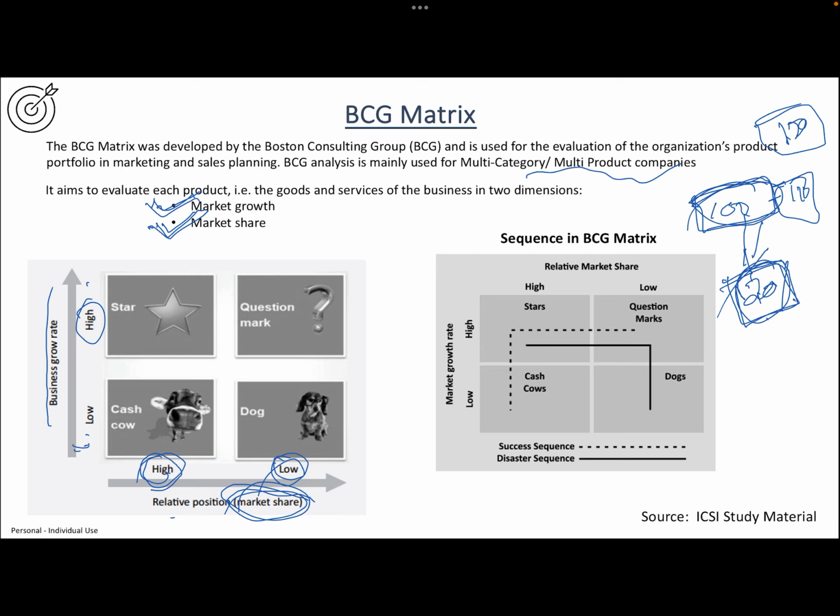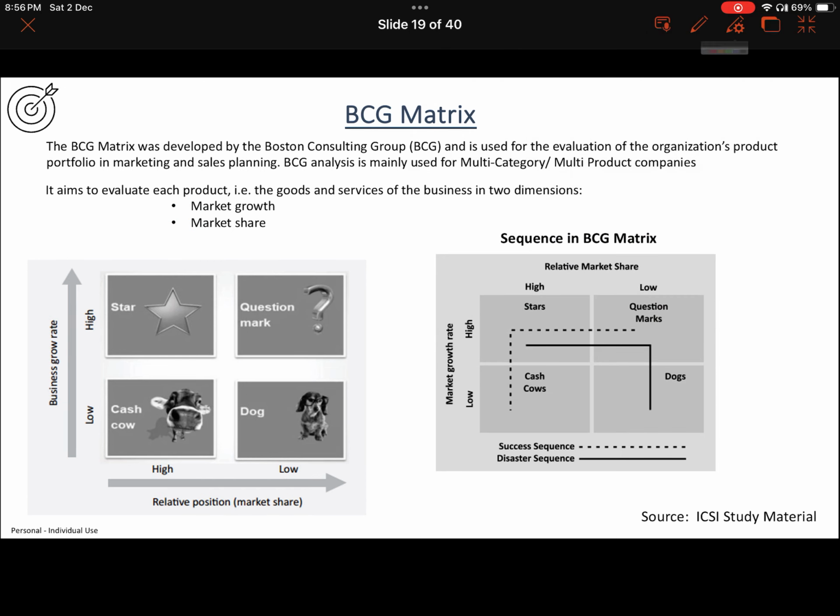If a company's market share is high, but the market is not growing at all, let's take an example. Market share is high, but growth rate is low.